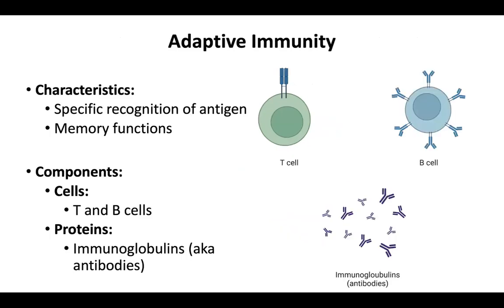The adaptive immunity, I'll remind you what the characteristic is again. The main characteristic of the adaptive immunity is that it's specific to the antigen, and that is possible because these immune cells and molecules contain the antigen receptor, such as the T cell receptor in the T cell, or B cell receptors in B cells.